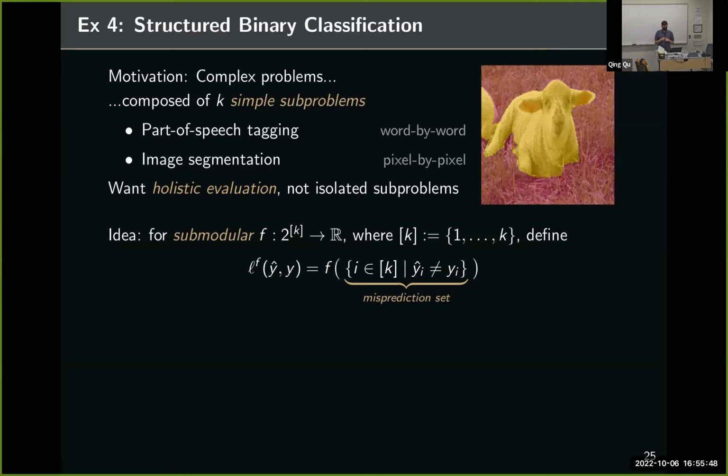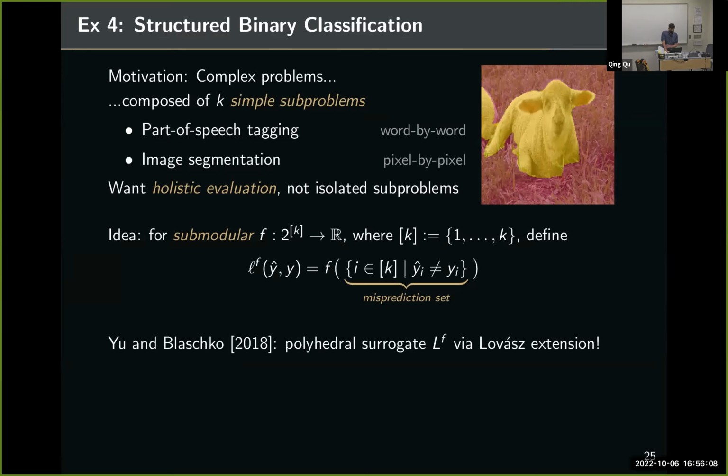The idea being that the more errors you make, the diminishing additional loss that you get. So you look at the set of pixels you got wrong and you holistically evaluate that in a sensible way.